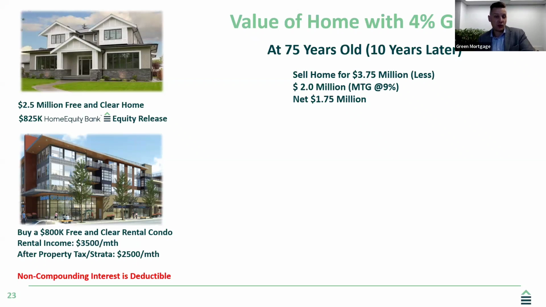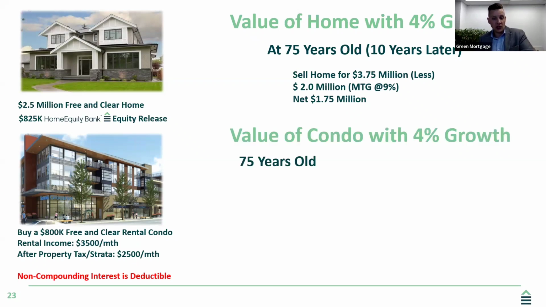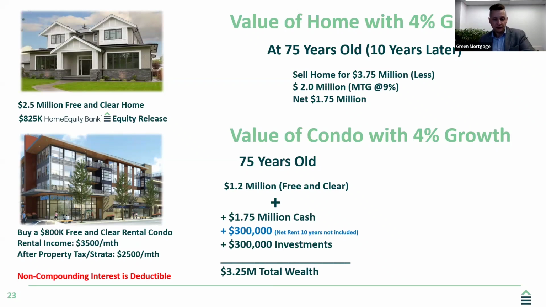So they would still net $1.75 million from selling their home at that point. And the condo, when they're 75 years old, would go up from $800,000 up to $1.2 million as well. So now they have a condo worth $1.2 million, and they have $1.75 million of cash from selling the home that they've been living in for quite some time.